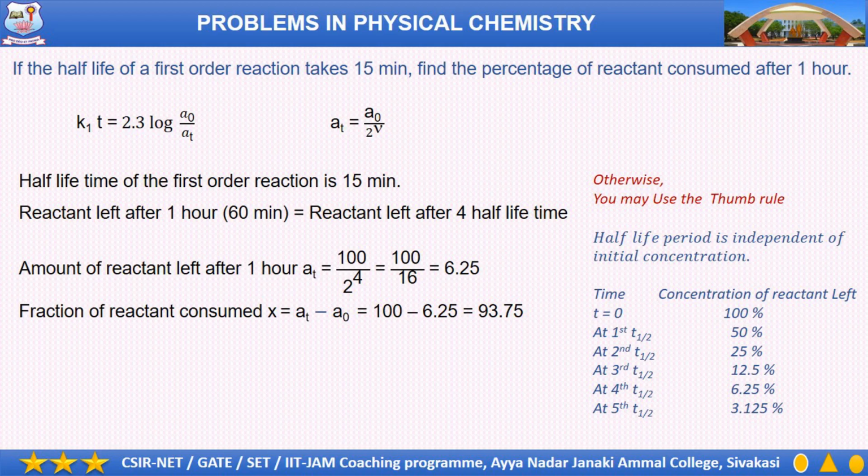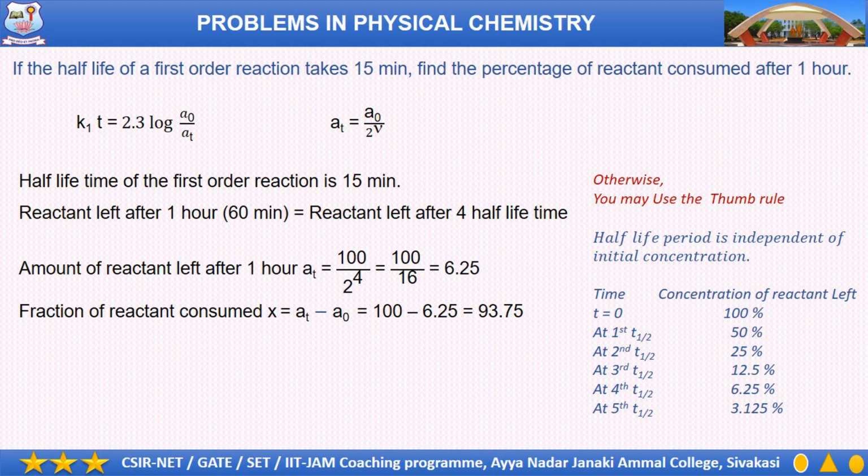It will be 6.25 percent left. But what is asked? Consumed, that is the amount reacted. The amount reacted X is the initial concentration A naught minus the amount left.